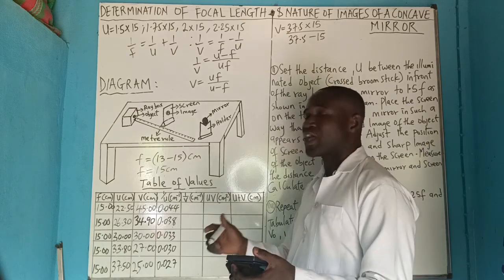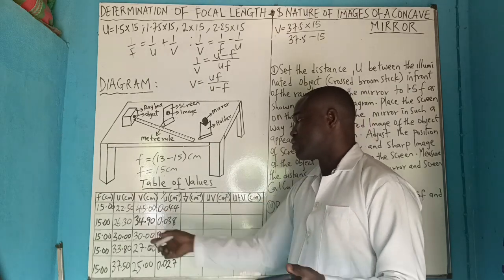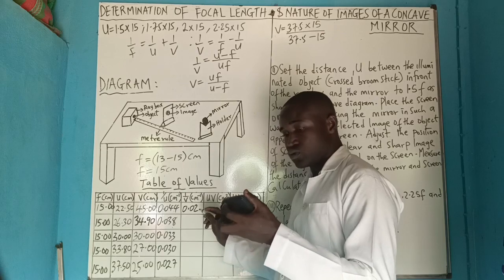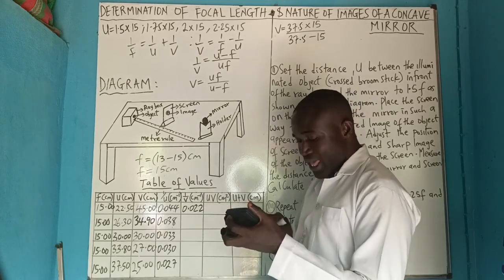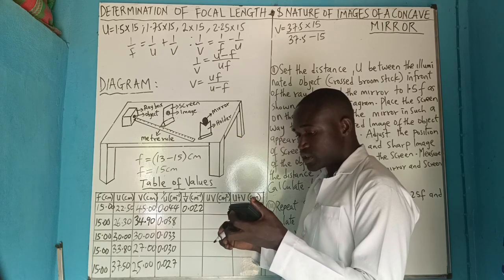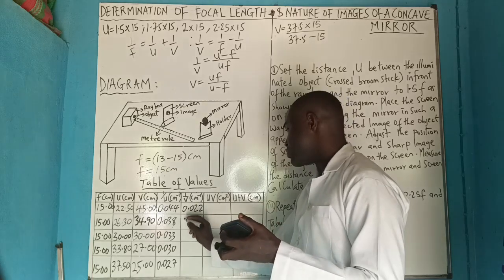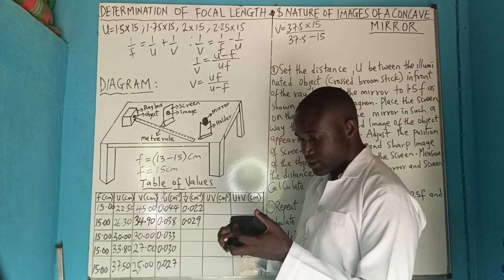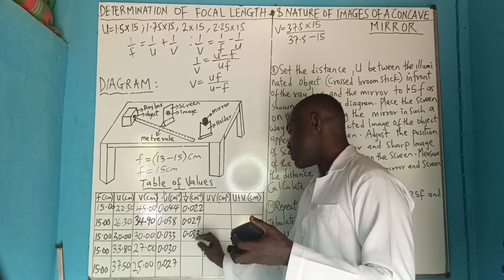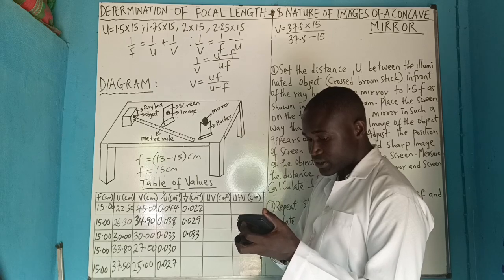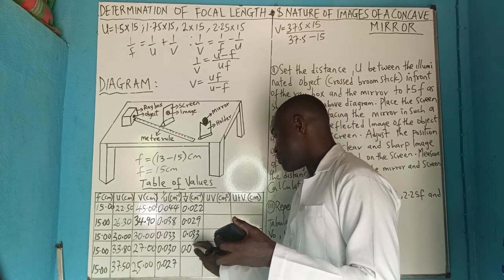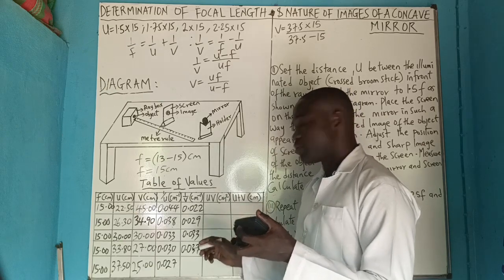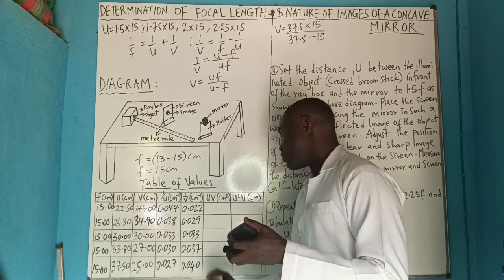So inverse of V means we have to get the inverse, using a calculator, of all the values of this V. So 45 inverse is 0.022, 34.9 inverse is 0.029, then 30 inverse is 0.033, 27 inverse is 0.037, 25 inverse is 0.04. So you have gotten this inverse.